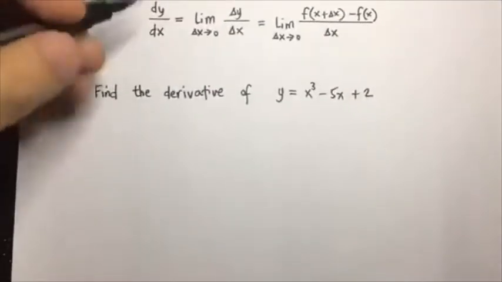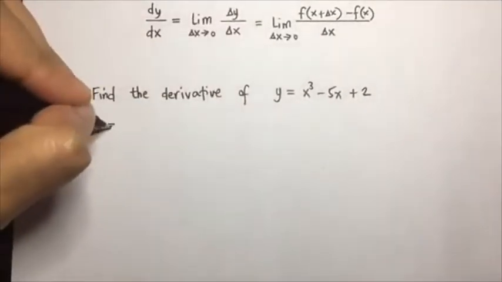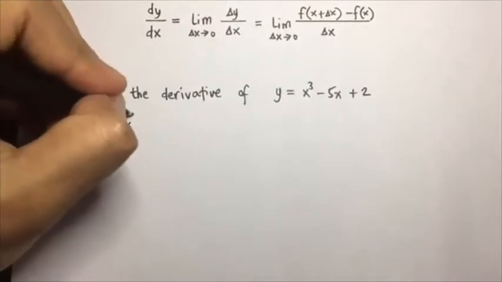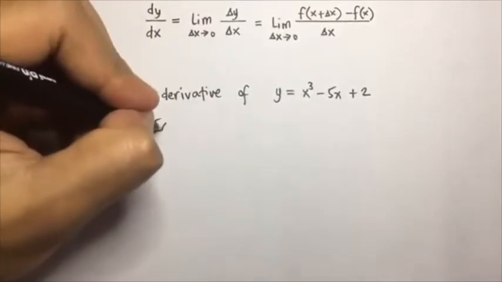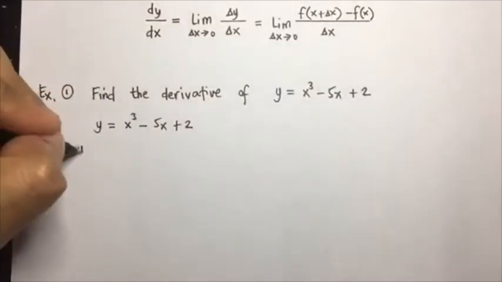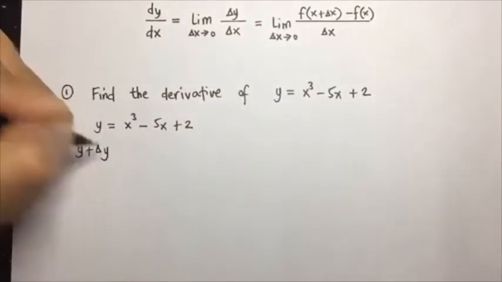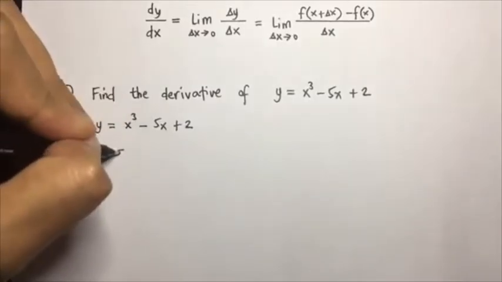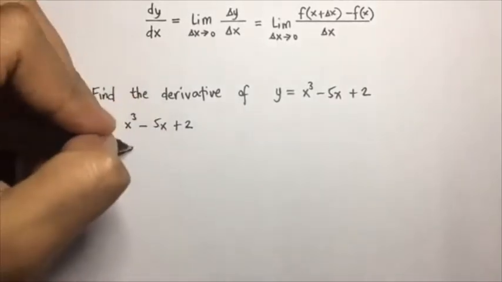So we have here y is equal to x cubed minus 5x plus 2. We will replace y with y plus delta y, and we will also replace all the x by x plus delta x.